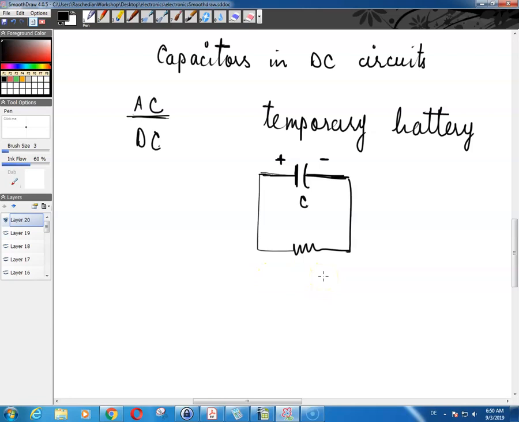So the higher the capacitance of the capacitor, the longer it will last in the same circuit. The higher the value of the resistance here, the longer the capacitor will last in that circuit.